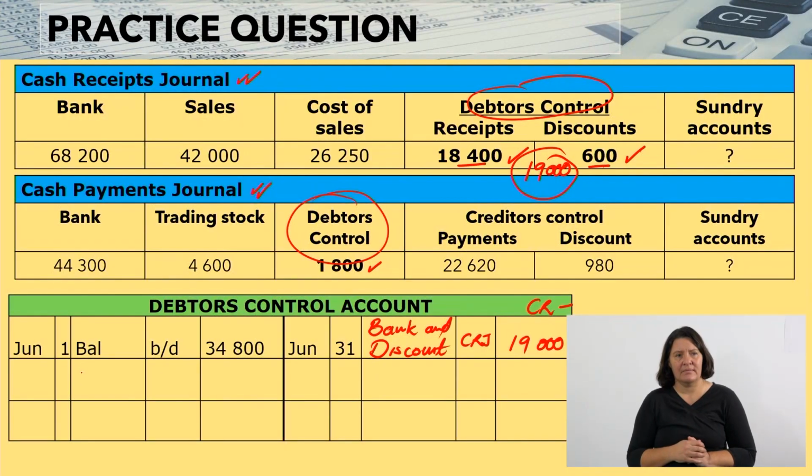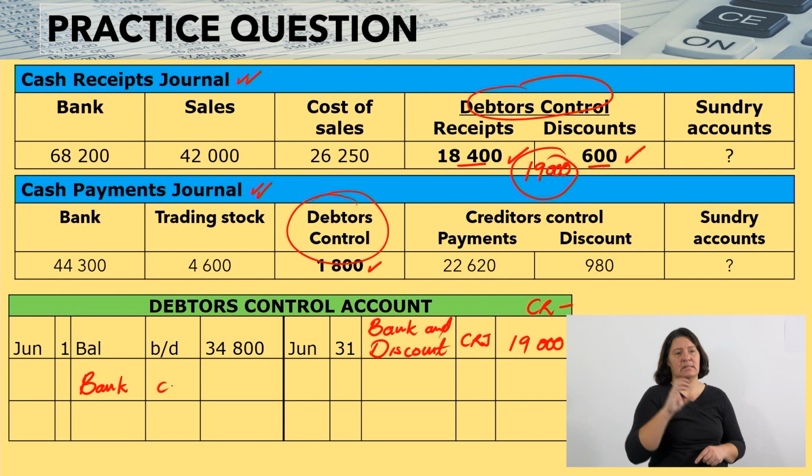I will therefore come here, and I will now say bank, and then which journal am I posting this from? This is from the CPJ. In brackets, I can say refund here. I can say it's a refund.